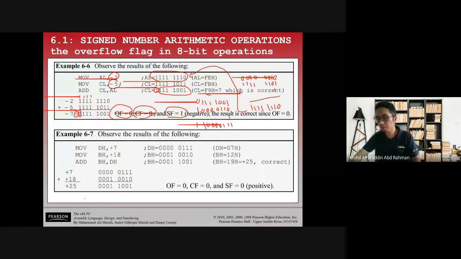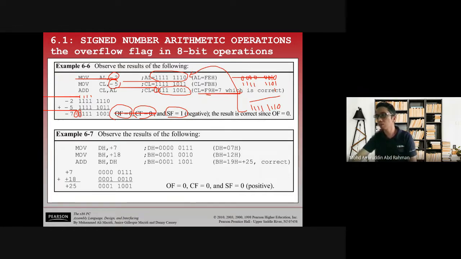Let me redraw that again. Let me check the other way around.